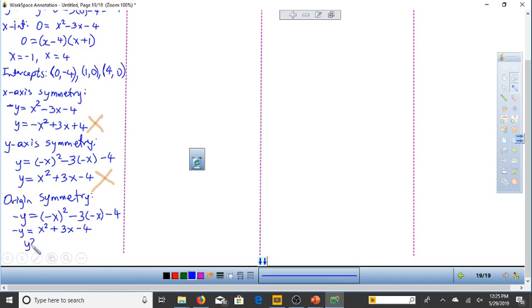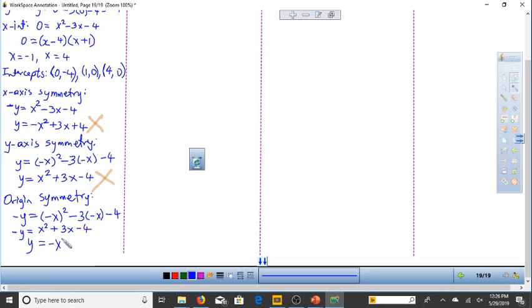And then if we try to get the y by itself, we still do not get the same as the original.